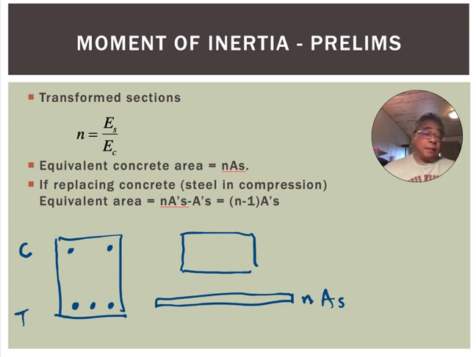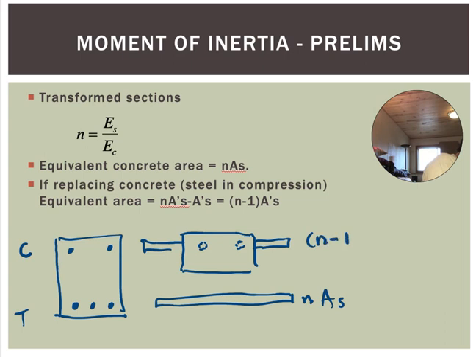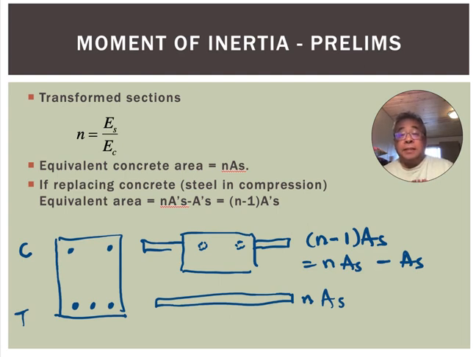The compression steel is N minus 1 times AS, because you know the steel is in the beam, so there's no concrete there, and so there's a hole in the concrete. So it's the steel, which is N times AS, but there's no concrete there, so minus the hole that the concrete is not in, so minus AS. So it's N minus 1 times AS.